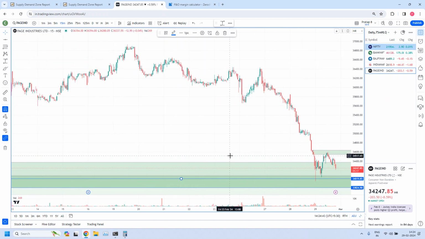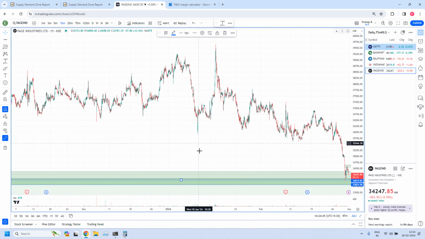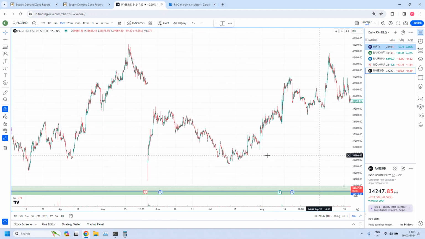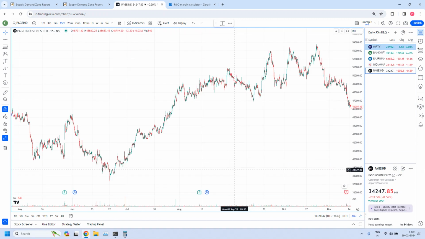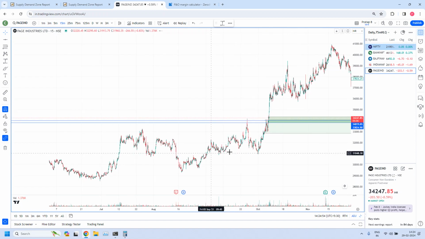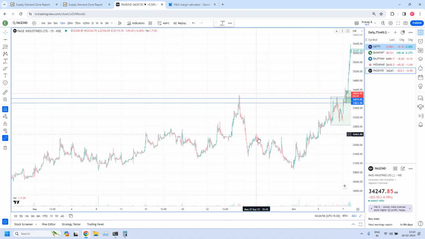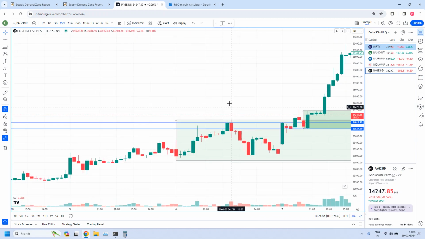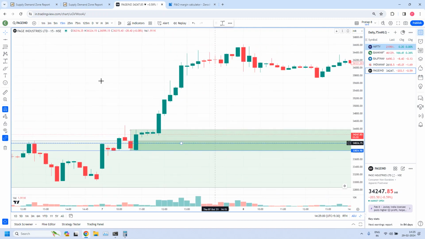In between, you can draw a 5-minute zone. How can you draw it? Go to the 15-minute time frame. This is anyway the 15-minute time frame. Go to this area. So between these lines, you draw the zone.